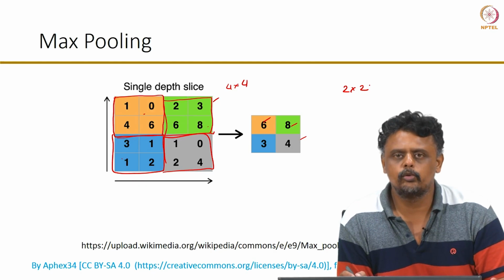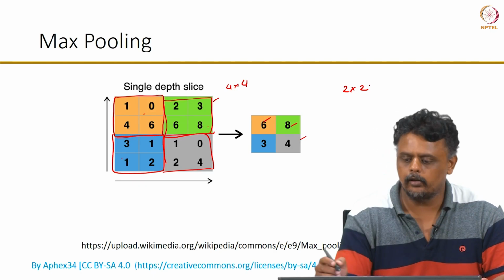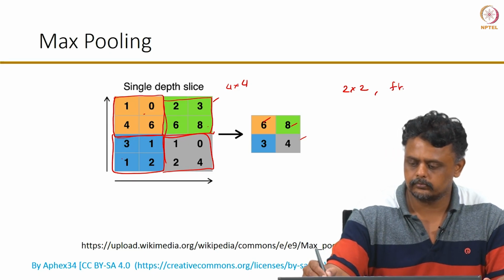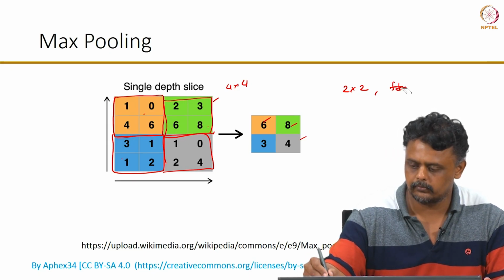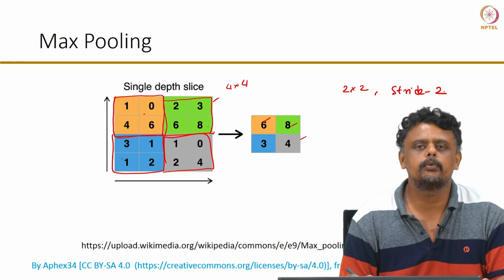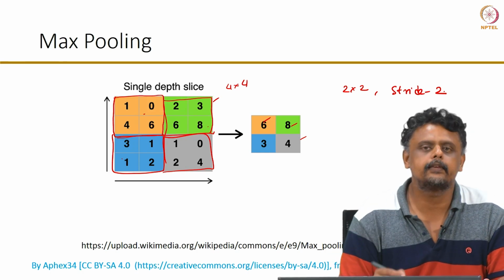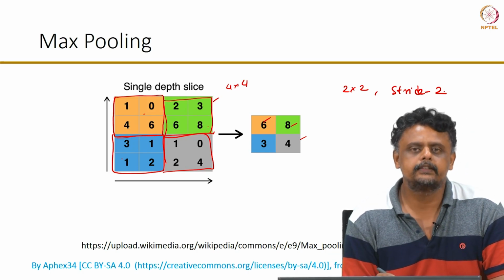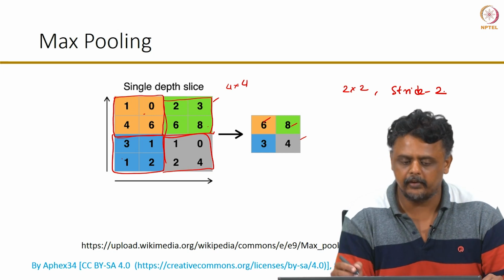In this case you move 2 pixels. So, with a stride of 2, you will halve the size of the feature map. That is typically the function of max pooling.